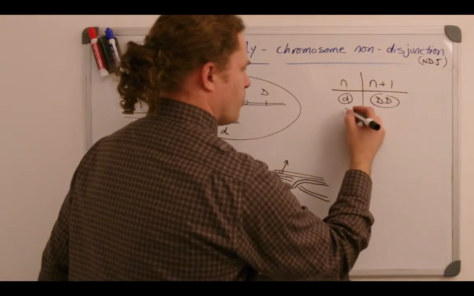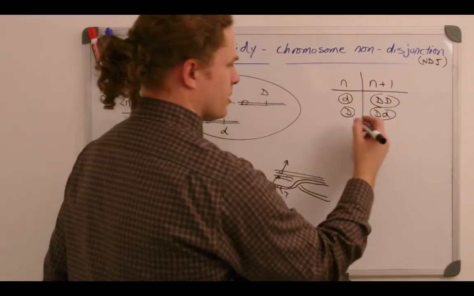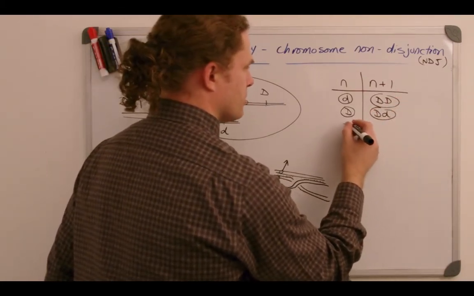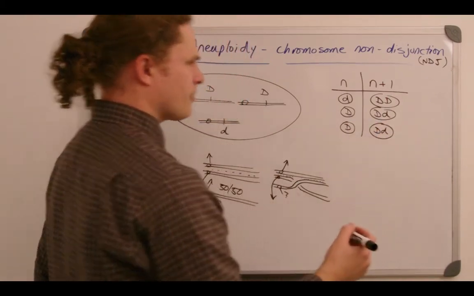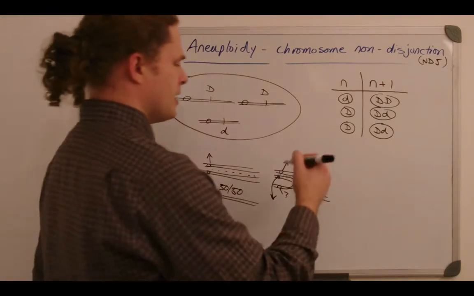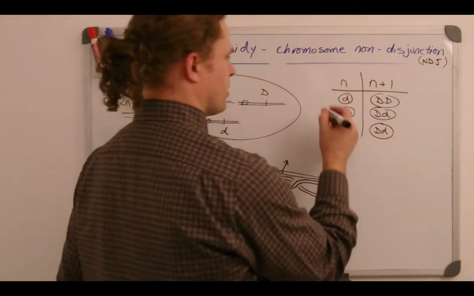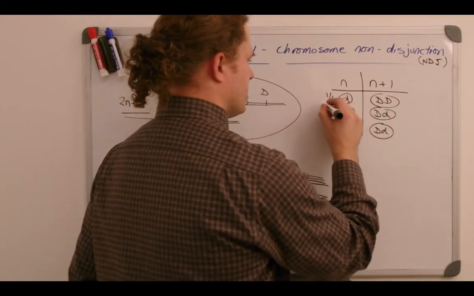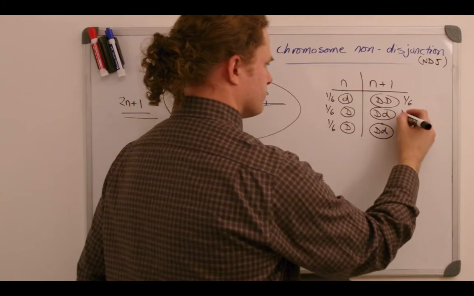If I take simply one of the big D chromosomes alone, then that's what's on the n plus 1 side, and there are two ways to do that. So these are the possible outputs, and simply because this is all based on independent assortment and 50-50 probabilities, each of these will be equal in probability and have a frequency of 1/6.